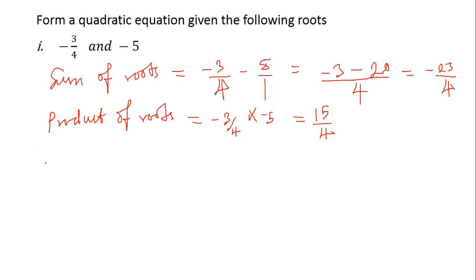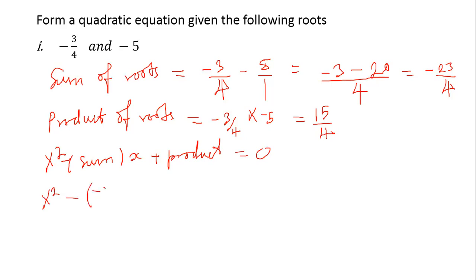Then we substitute in the formula: x squared minus sum of roots times x plus product, and we put this to 0.